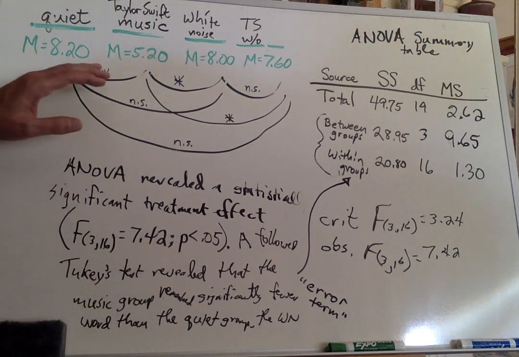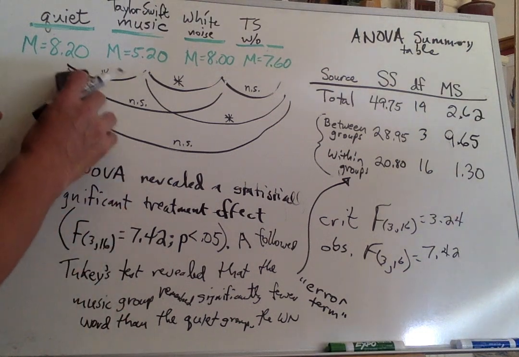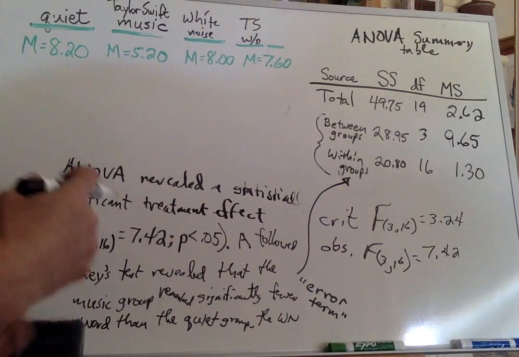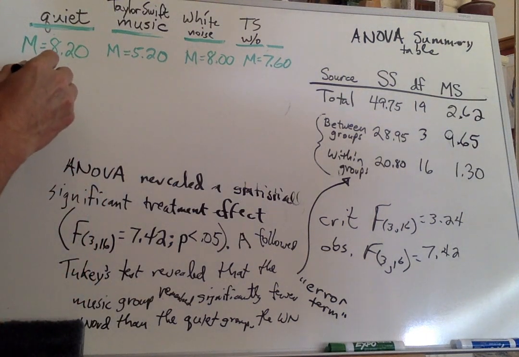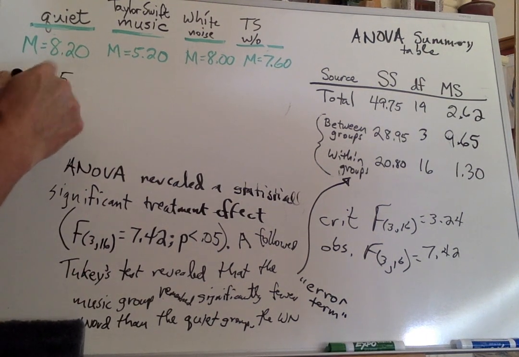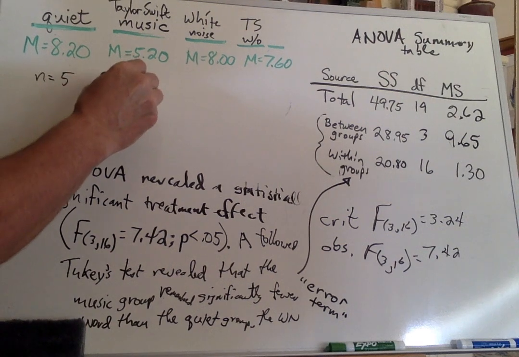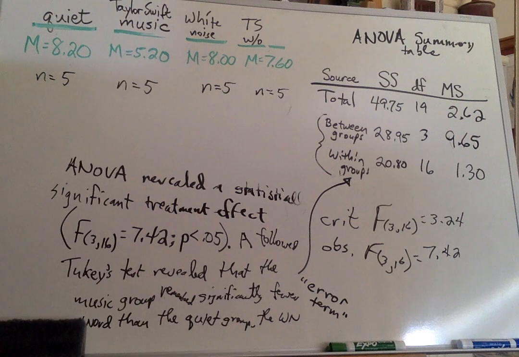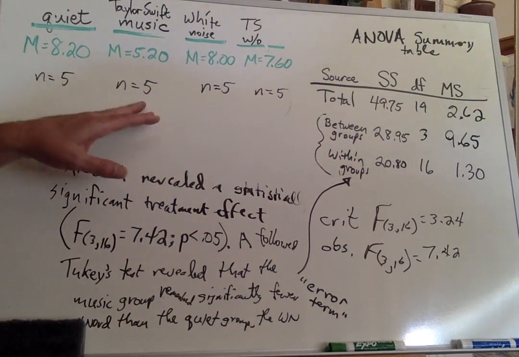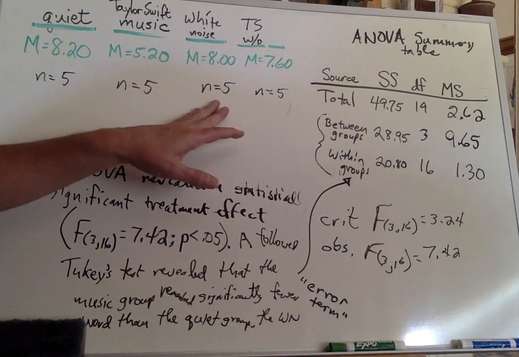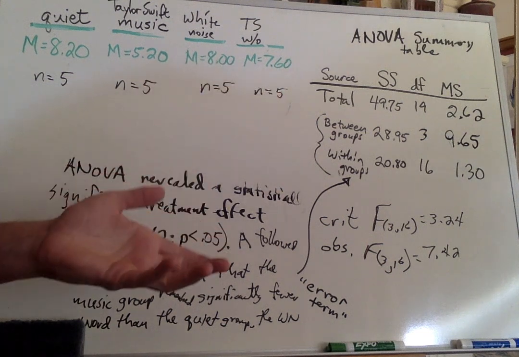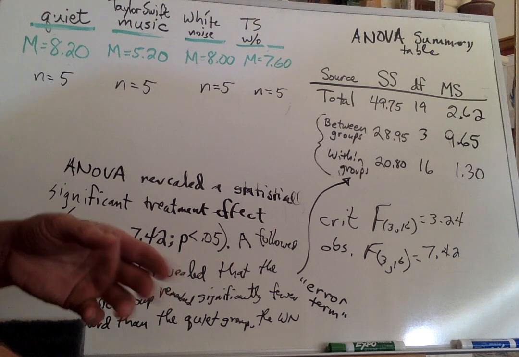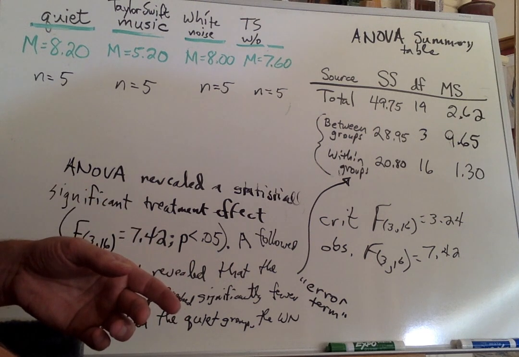That is, the experiment that I described as part of this whole analysis here was that there were 5 people in this group, a separate 5 people in this group, separate 5 in this group, separate 5 in this group. That is, these 5 people are different than these 5 people, these 5 people are different than these, right? And that's called what? A between subjects design, or an independent measures design.